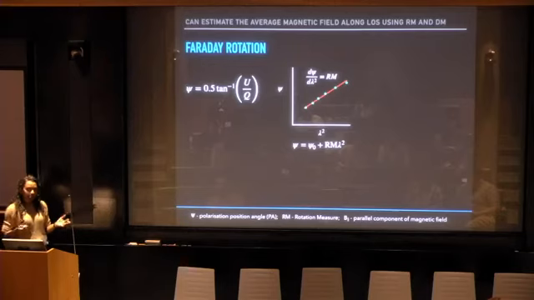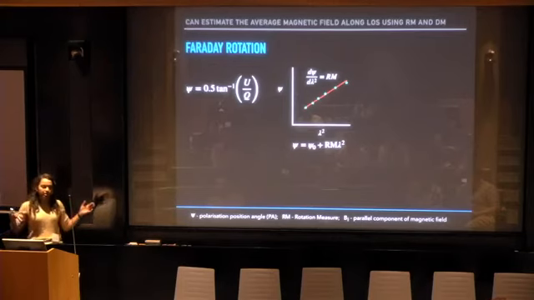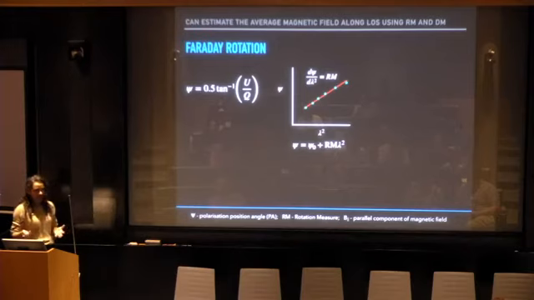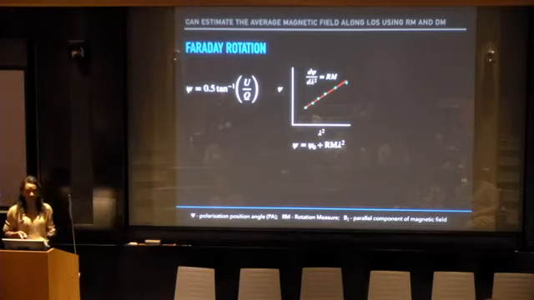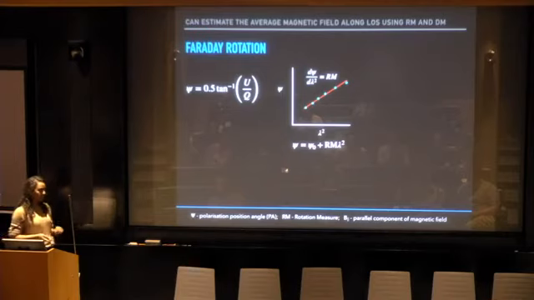Now, observations are typically performed over a large enough bandwidth so that you can actually measure the effect of Faraday rotation, but you also need to have fine enough spectral resolution to avoid appreciable rotation of the polarization vector within your individual channel, or else you're going to completely depolarize your signal. And we'll see that a little later on in the talk.